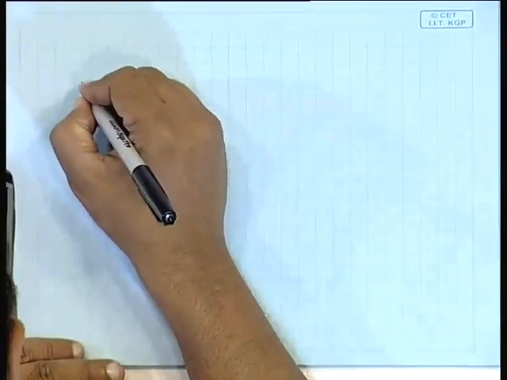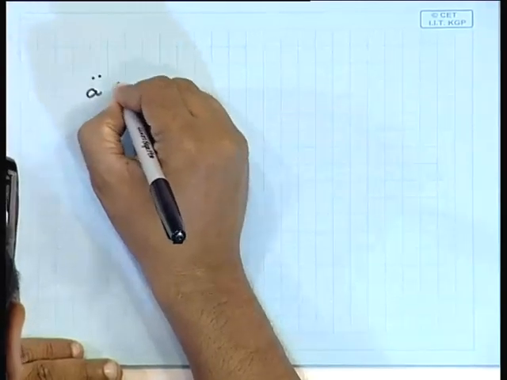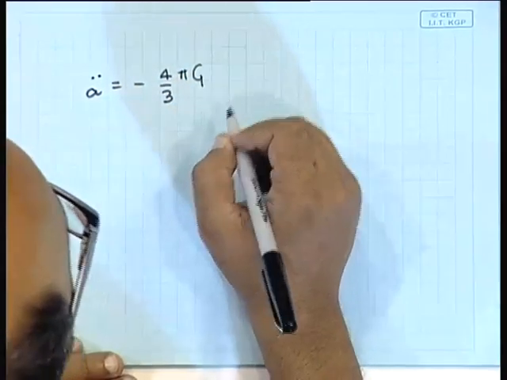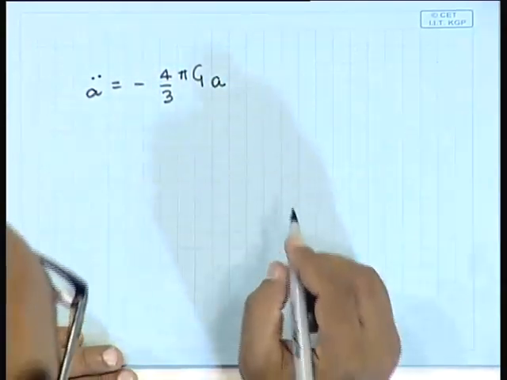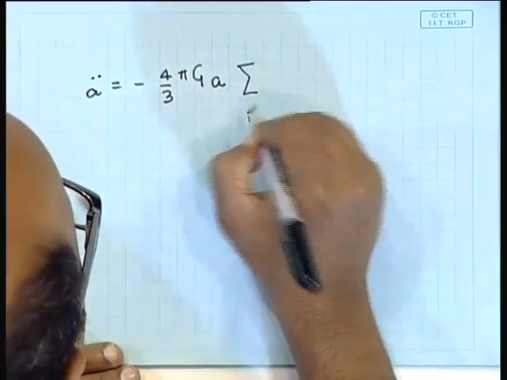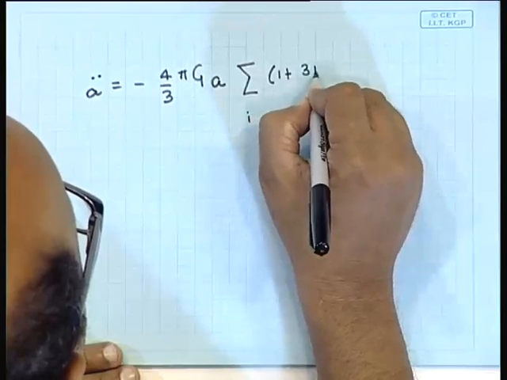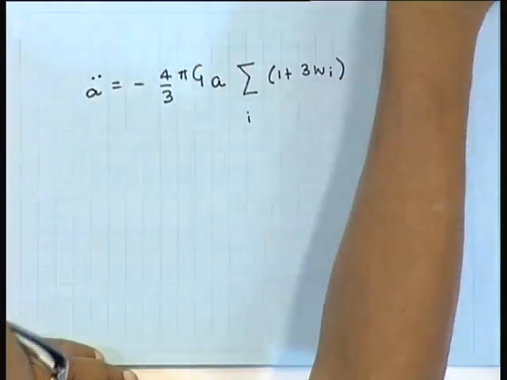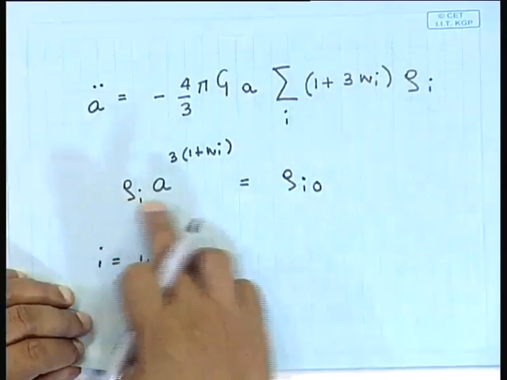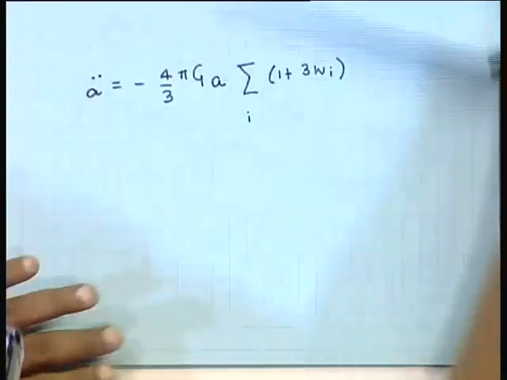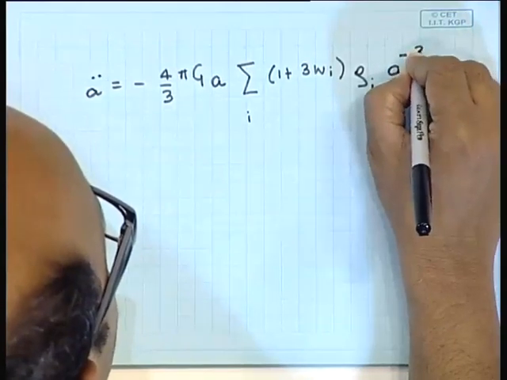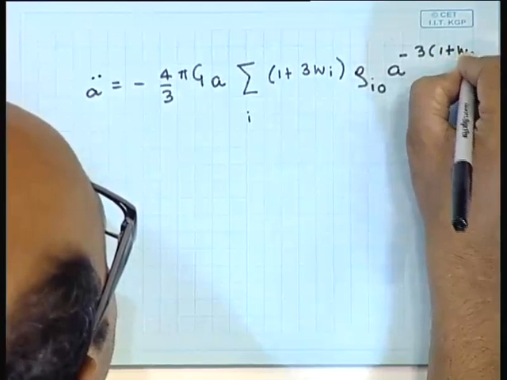So, what we have is A double dot is equal to minus 4/3 pi G A, then the sum over I of (1 plus 3 W I), and then we will replace rho I using this: rho I naught A to the power minus 3 into (1 plus W I).